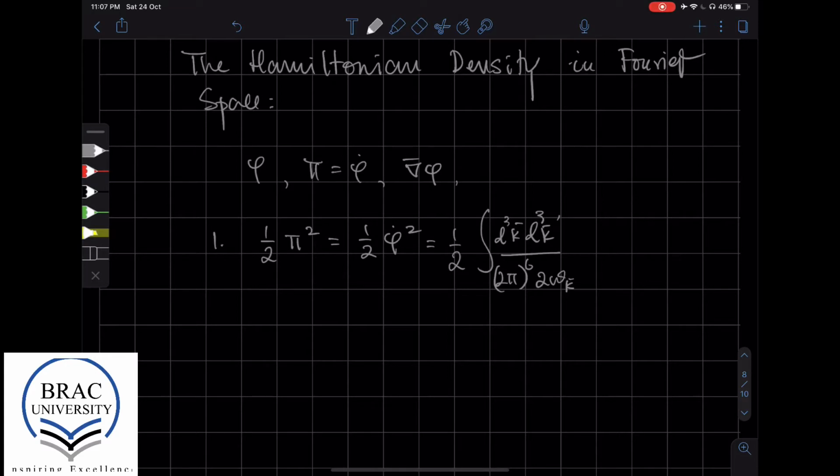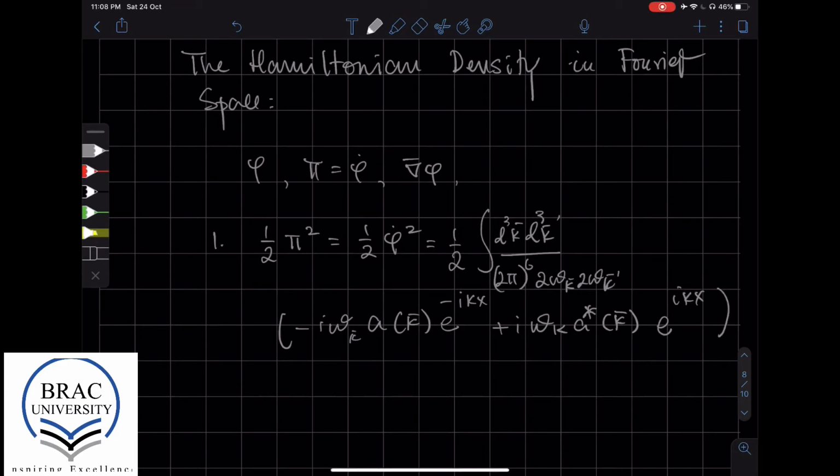We get 2 omega k, 2 omega k prime, and then we have two factors of, well, here we're going to have minus i omega k, a of k, e to the power minus i kx, and then plus i omega k, then we have a star of k, then we have e to the power plus i kx.